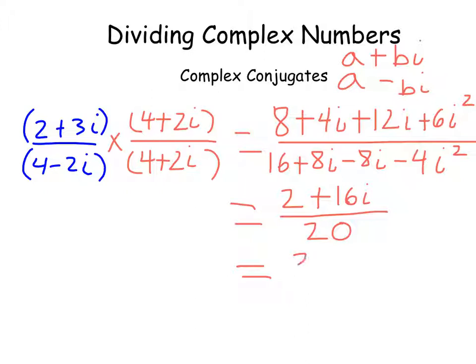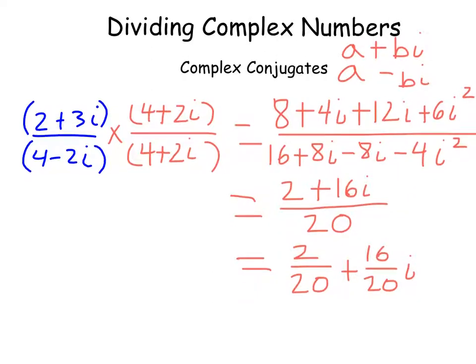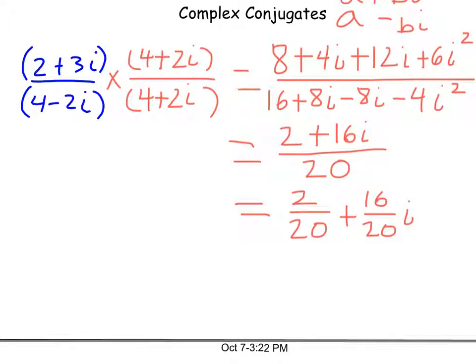Now you can see here I'm getting really close to my standard form because there's my real component, 2 over 20. Here's my imaginary component, 16 over 20. And of course I have to stick an i with it. And hopefully you're thinking, well that's great, but hold on just a minute. 2 over 20, oh that's so much better, 1 over 10.